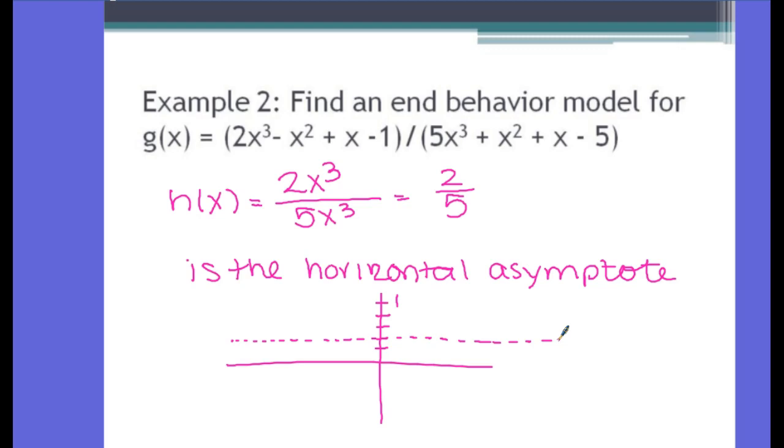So if it acts like the graph of 2/5, what that means is the limit as this graph goes to negative infinity, or the limit as this graph goes to positive infinity for g of x or h of x is going to act the same. So as g of x gets really, really big, it's getting really, really close to what?